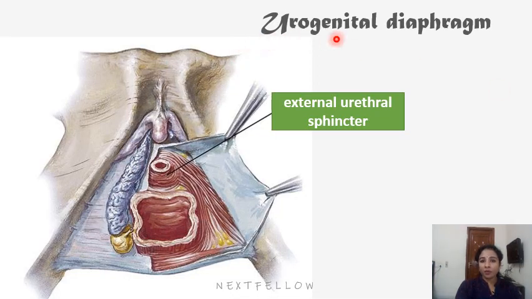So let's talk about this urogenital diaphragm, which is a muscular component of deep perineal pouch. The term urogenital diaphragm should not be confused with the pelvic diaphragm. Pelvic diaphragm is a part of pelvic floor, which is a true diaphragm supporting the pelvic viscera. And pelvic diaphragm is described as a layer of pelvis that separates the deep perineal pouch from the upper pelvis.